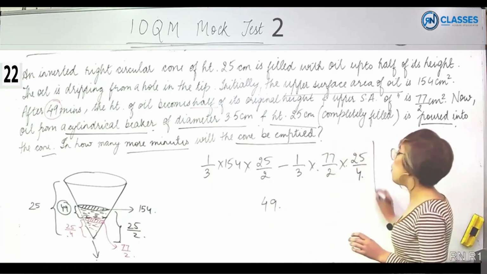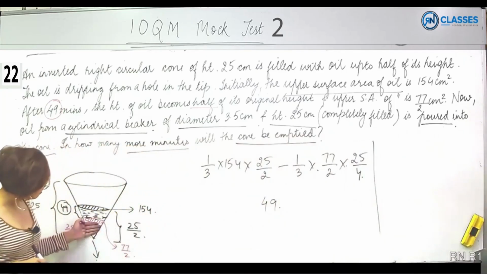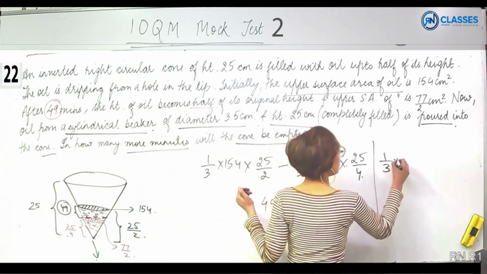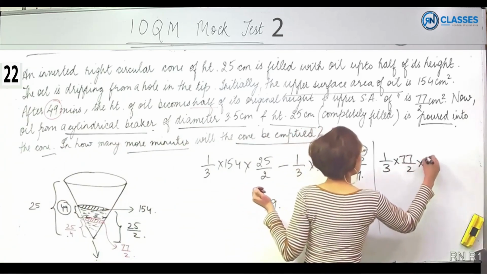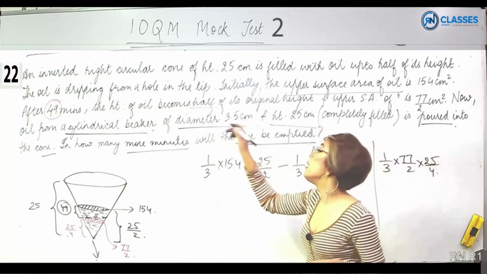Now, how much volume has to go in order to empty out the cone? First of all, this much volume. This is the volume of this cone, which is nothing but 1 by 3 into 77 by 2 into 25 by 4. Right? Plus the additional oil that I poured from the cylindrical beaker.